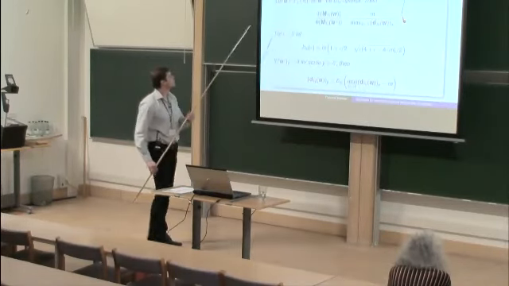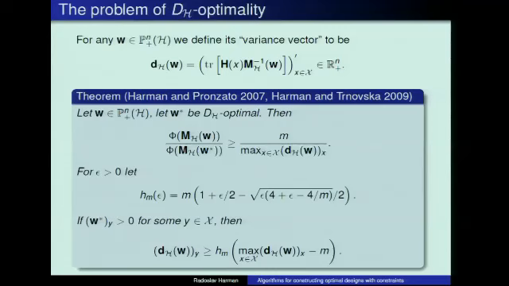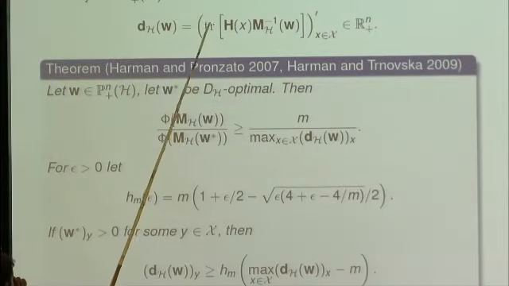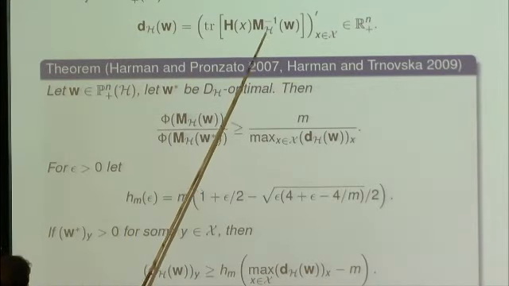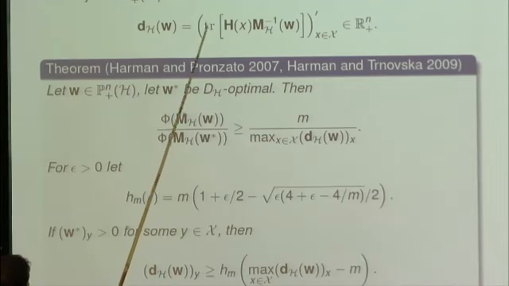So we will frequently use the variance vector of any regular design W, which is defined very similarly as in the standard case, but here we need to use a slightly different form with the trace.